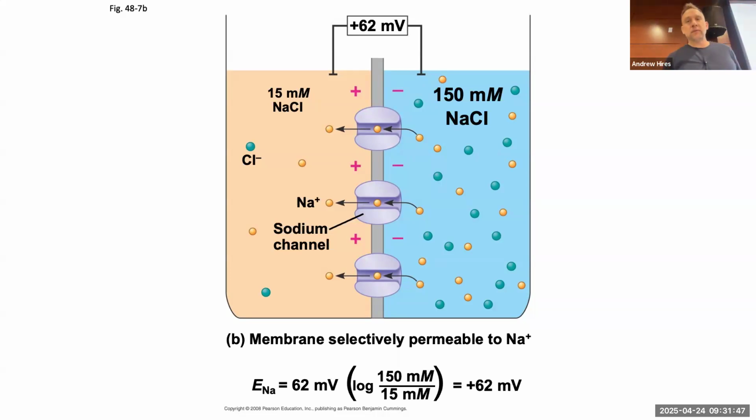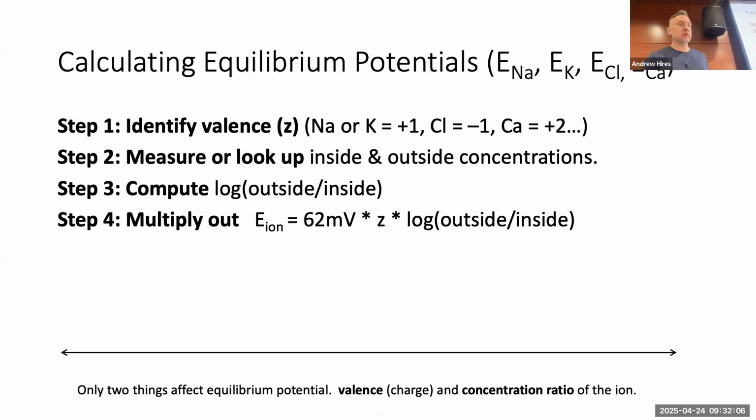I want you to understand this because understanding how equilibrium potentials are generated and how the resting membrane potential is created is absolutely essential to then understanding how the action potential is going to be generated.